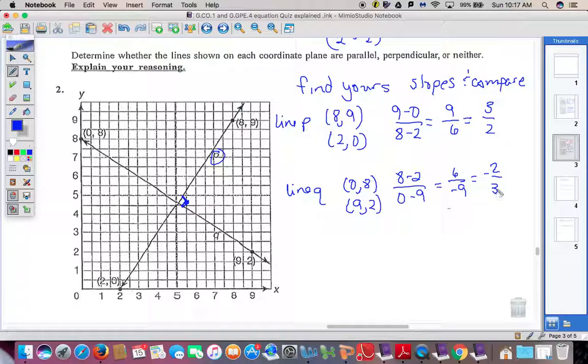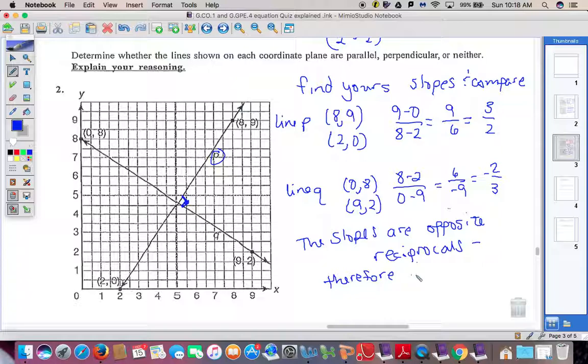And if I compare these two values, I see that the slopes are opposite reciprocals. Therefore, the lines are perpendicular.